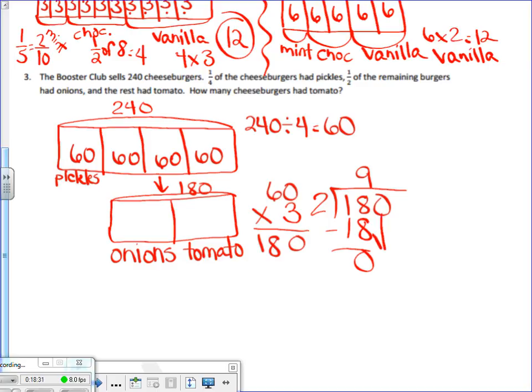Bring down the 0. Every number in the house needs a number on the roof. 2 goes into 0 none. This side is a 90. This side is a 90. How many cheeseburgers had tomato? 90.